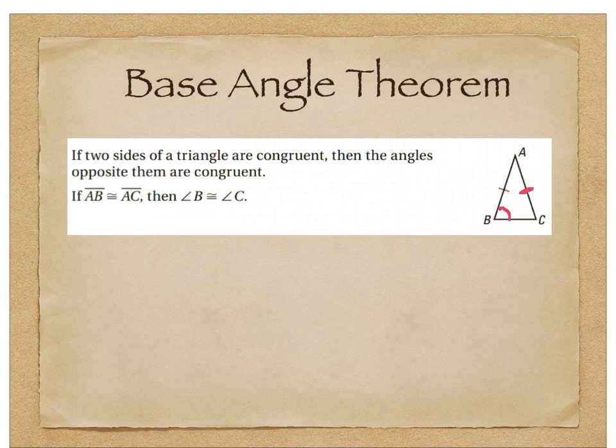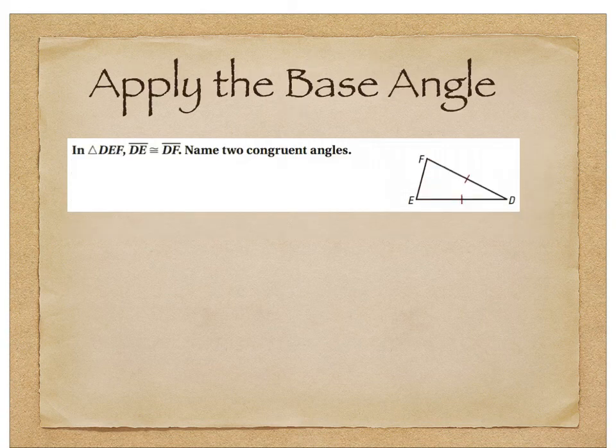If we're talking angle C, that is opposite side AB. So it says, if two sides are congruent, then the angles opposite them are congruent. We call that the base angle theorem. It simply says if the two sides are congruent, the two base angles are congruent. Kind of makes sense, right? All right. Let's actually apply this and see what we can do.